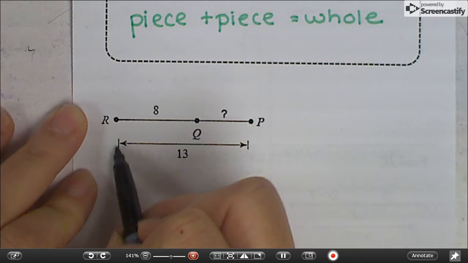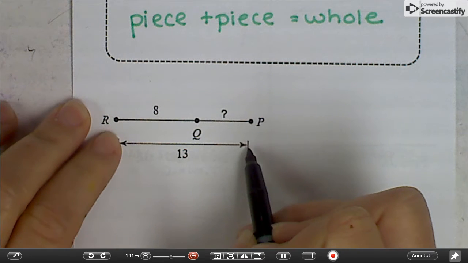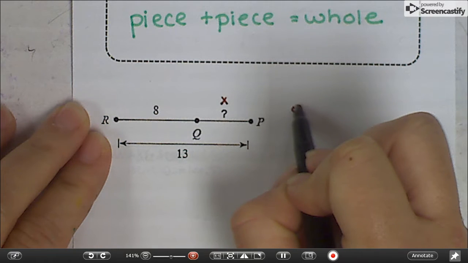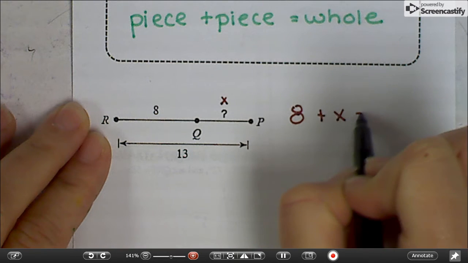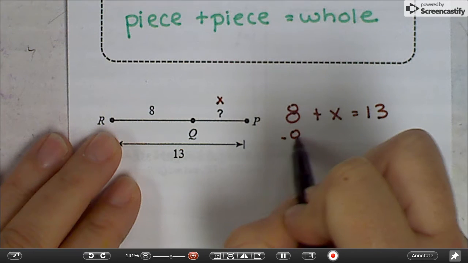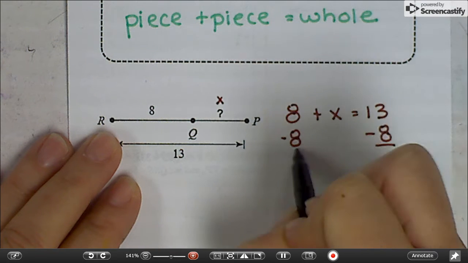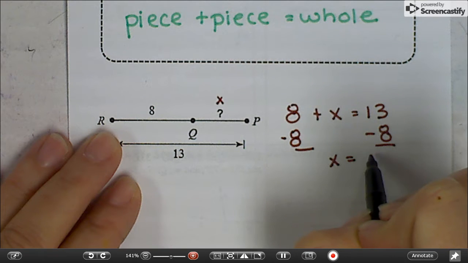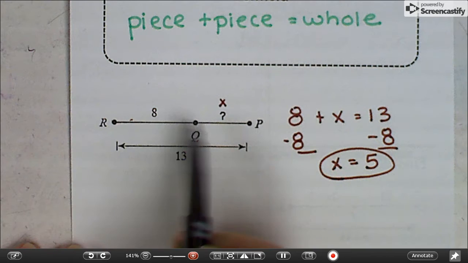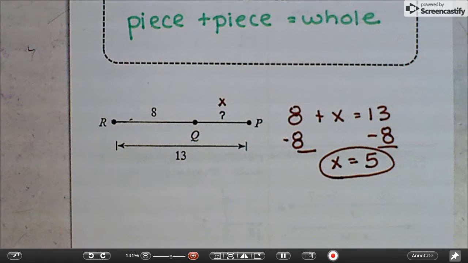These arrows and lines show that it's the whole length. So I'm just going to name this x because it's easier to do that way, and write 8 plus x equals 13. And then to solve that, you just obviously subtract 8 from both sides, and x equals 5. And we know that 8 plus 5 is 13, so we definitely did that right. That's as simple as it gets.